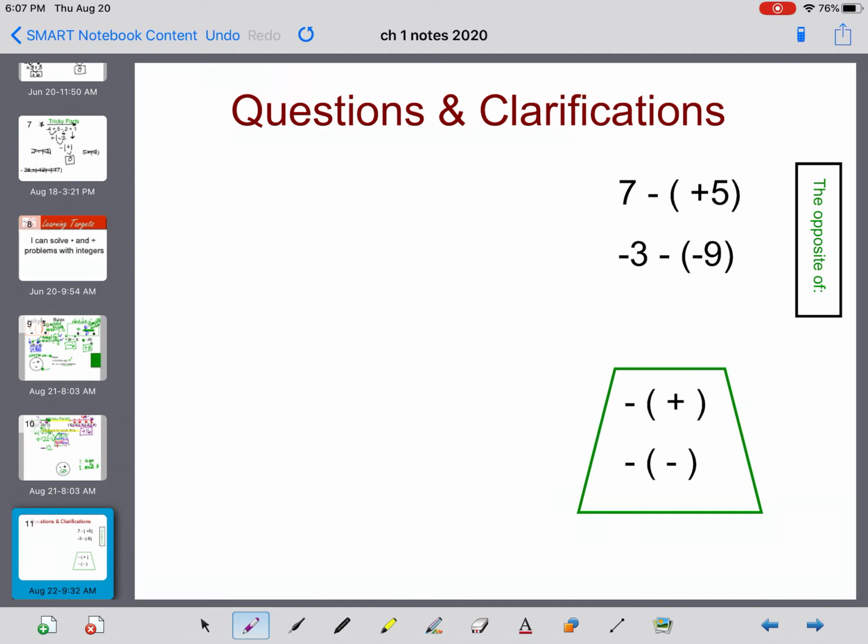All right, so here's another little tip for you guys. Always think about parentheses as being multiplication, okay? Whenever I see parentheses, I always think I want to simplify something or multiply something, okay? And it could be one, it could be both of those things.